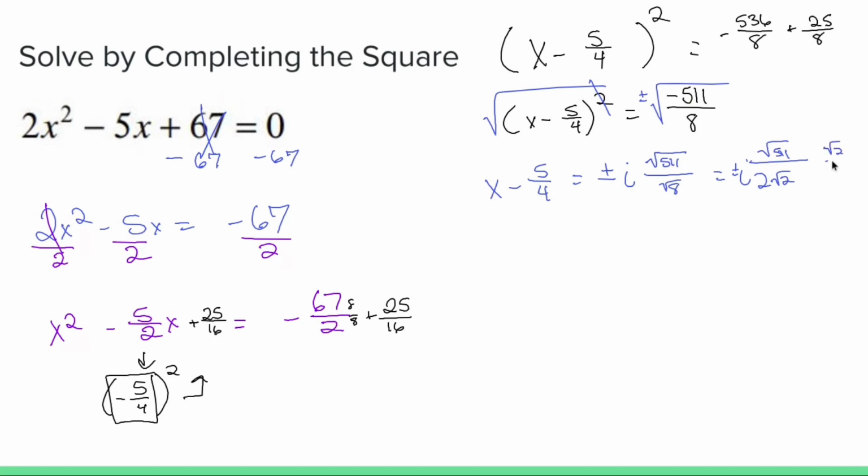Multiply the top and the bottom by root 2. That leaves me with x minus 5 over 4 equals positive or negative, oh, don't forget the i, the square root of 1022 divided by 4. Ugh.